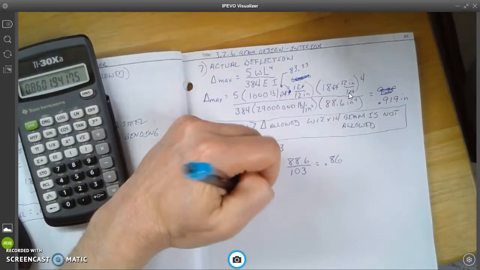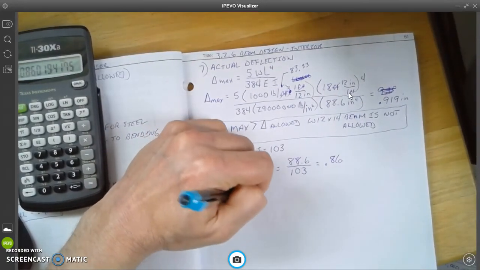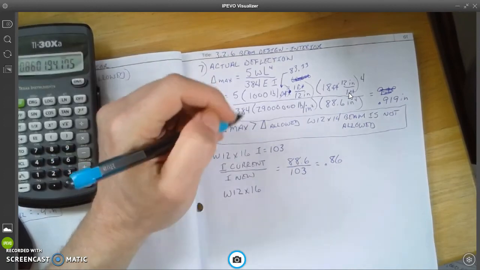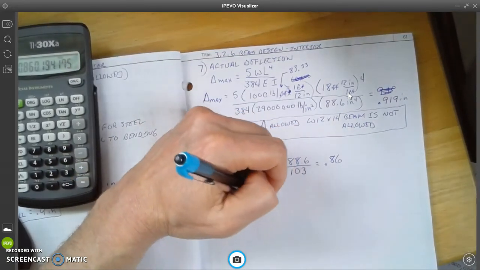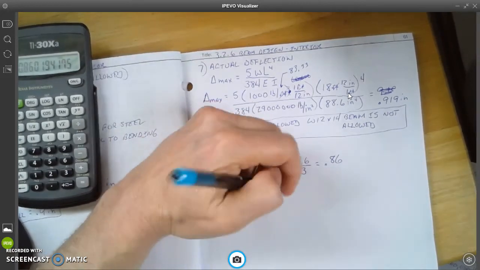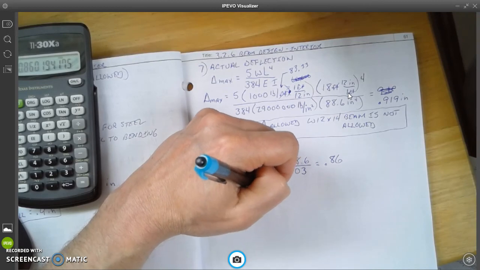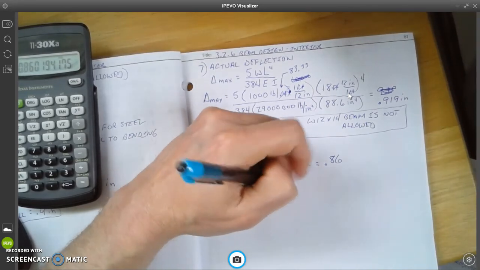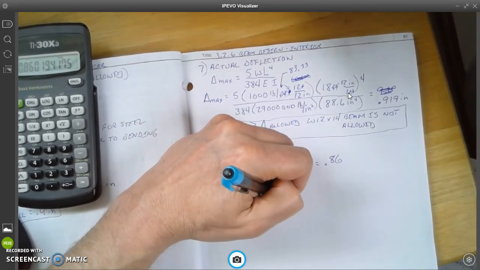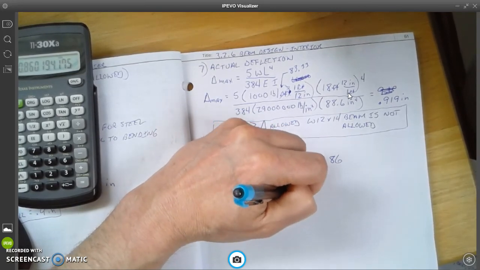So the W12 by 16 beam is going to be less than that 0.9 inches.